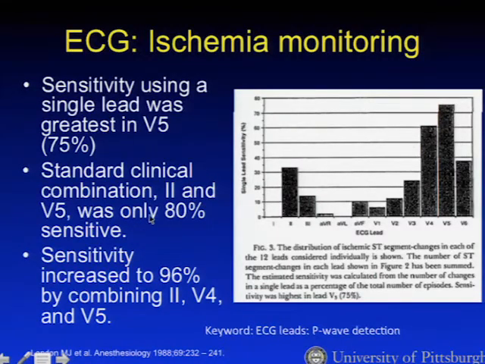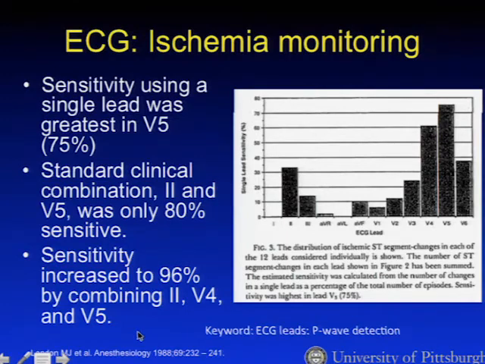We couple that clinically typically with lead 2, and that combination doesn't add much. It's only 80% sensitive. However, lead 2 gives you improved ability to detect P waves, which is another ABA favorite topic.